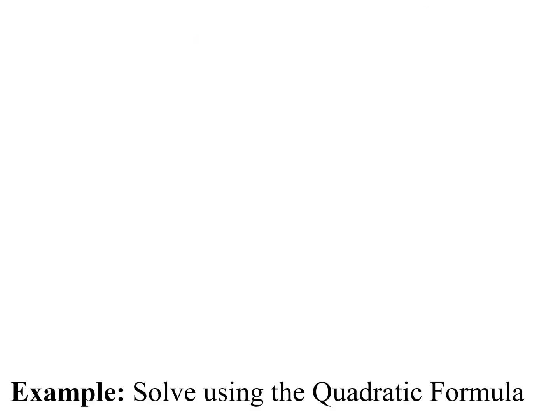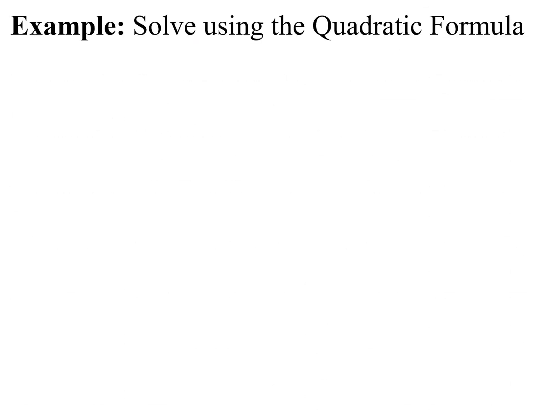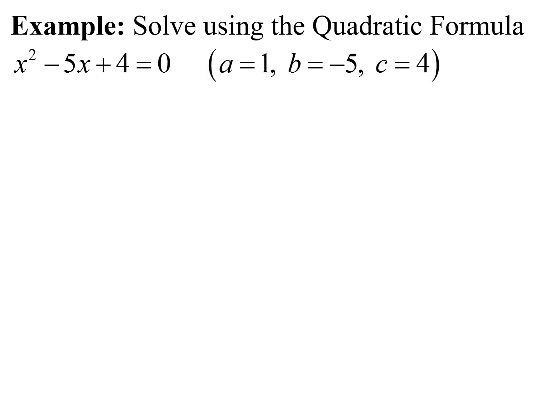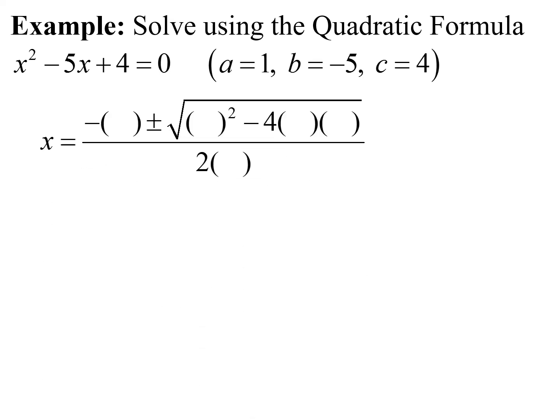Okay, so let's look at our first example using the quadratic formula. We have x squared minus 5x plus 4 equals 0. So we first want to identify a, b, and c. A is equal to 1, b equals negative 5, c equals 4. So we're going to plug it into the quadratic formula. X equals negative b plus or minus the square root of b squared minus 4ac all over 2a.